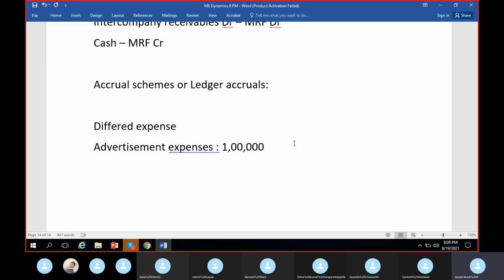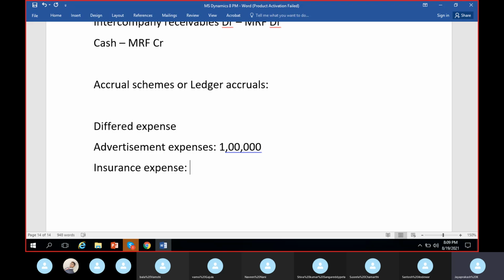The same way, I'll give you another example: insurance expense. Suppose you are buying a bike today. You definitely have to buy insurance for 5 years, right? That's mandatory.